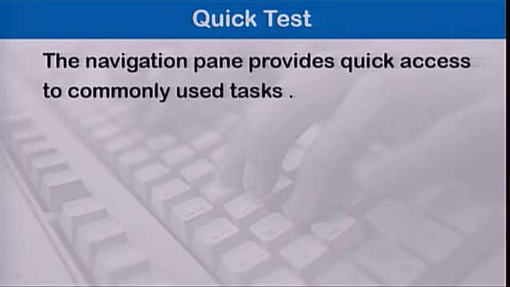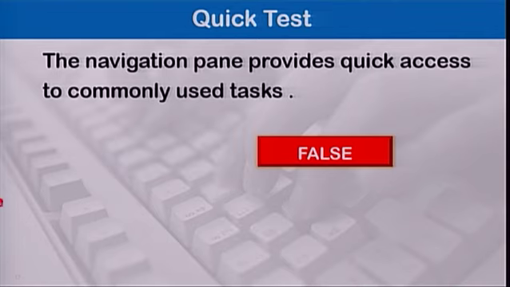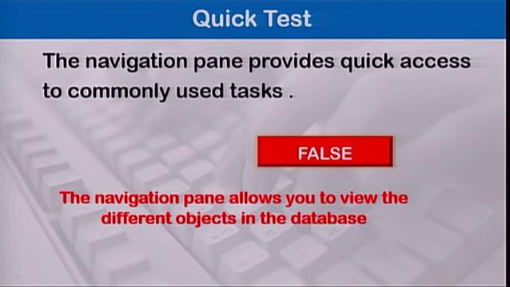The navigation pane provides quick access to commonly used tasks. True or false? The answer is false. The navigation pane allows you to view the different objects in the database.